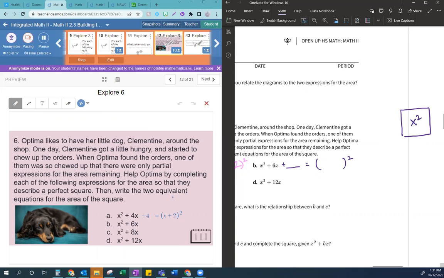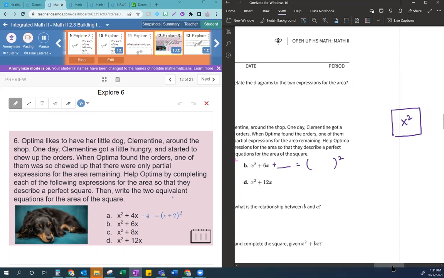If this is my little square, how many x's should I put on each side? Now someone said 2. I'm going to go with 2 just so that we can look at 2. So if I put 2 here, then how many would have to go here?